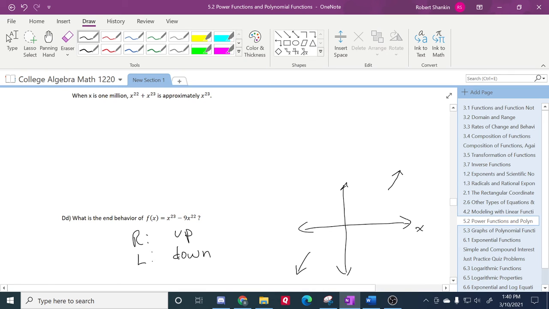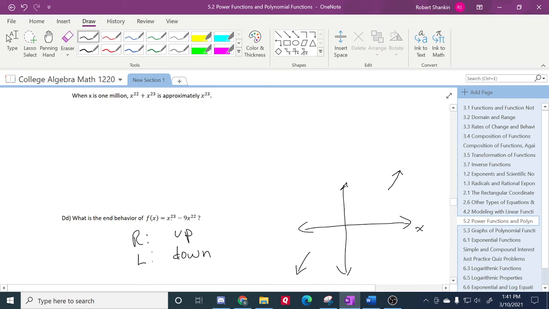When x is 1,000,000, this is more than 1,000,000 times bigger than this, so even that number 9 is minuscule. This wants to be positive, because you take a large positive number to the 23rd power and get a positive. This is trying to make the result negative, because it's got a minus sign in front of it.